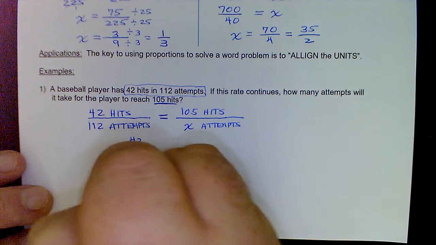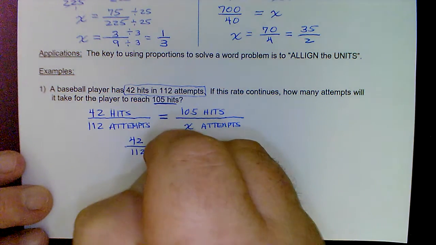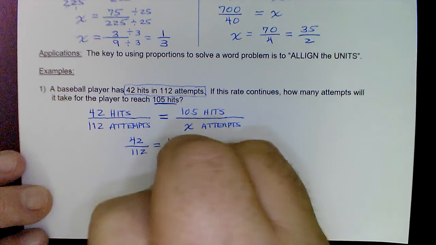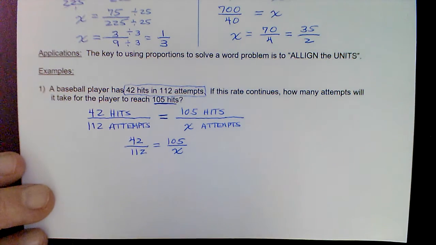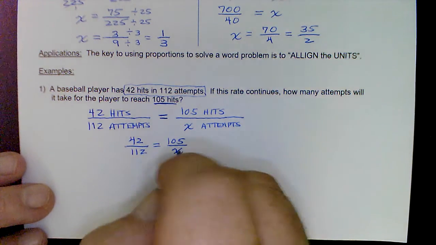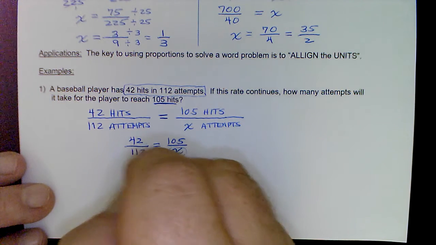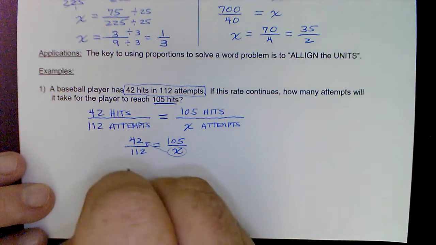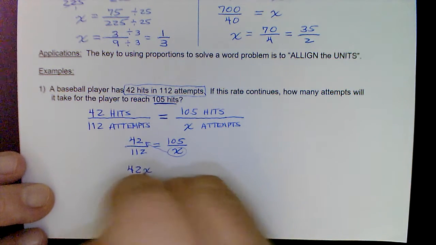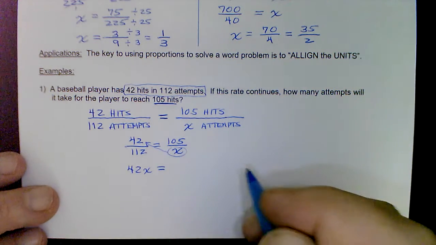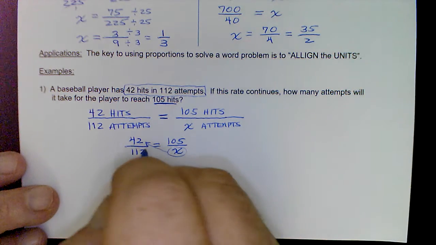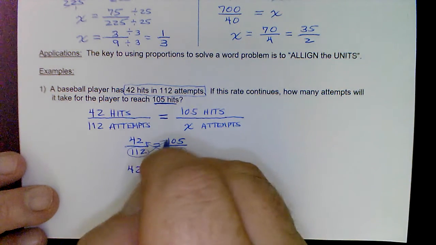So 42 over 112 equals 105 over X. And then it's just a matter of cross-multiplying and dividing. So cross-multiplying, we have X times 42, which again we write as 42X. Immediately write equals, and 112 times 105.